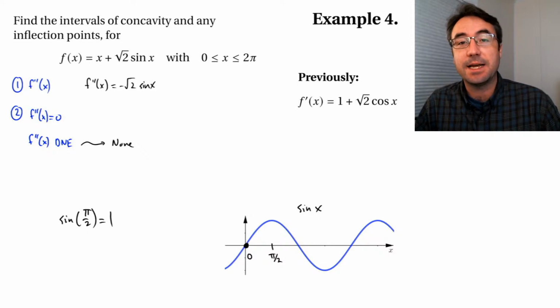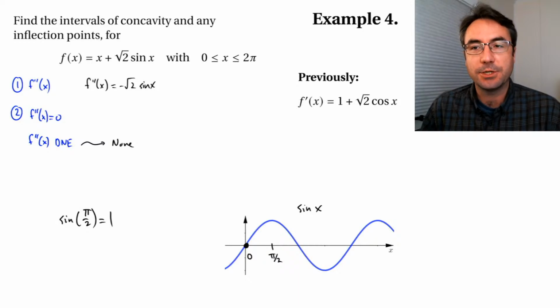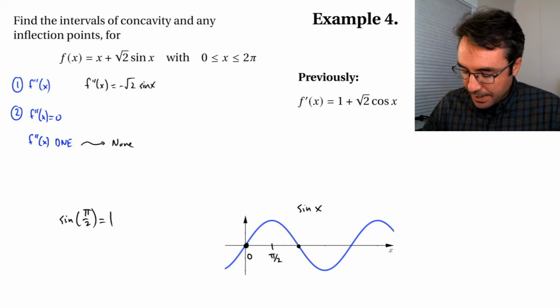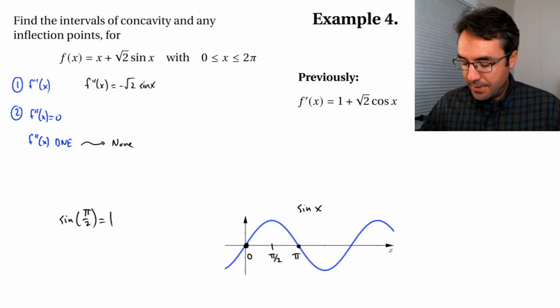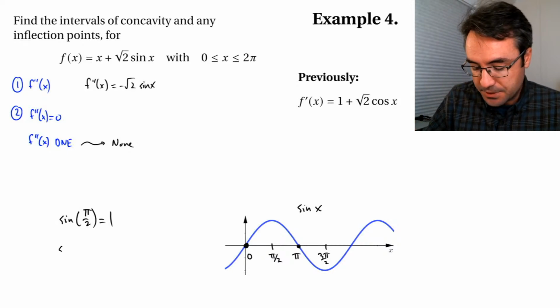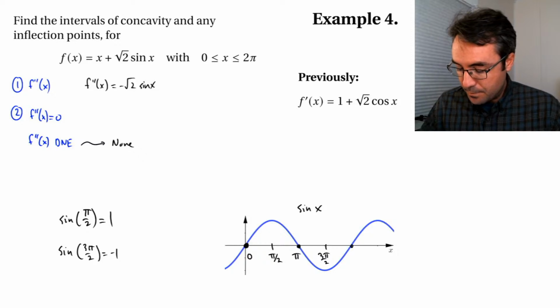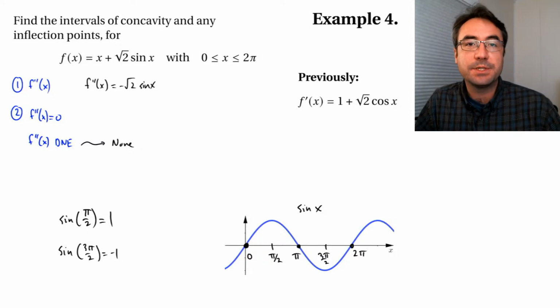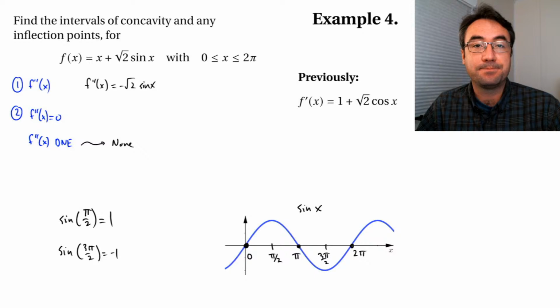Then at pi, the sine function hits the x-axis again. At 3 pi over 2, the sine function hits its low point, so sine of 3 pi over 2 is negative 1. And then at 2 pi, we're back to 0. So it has this very periodic shape.